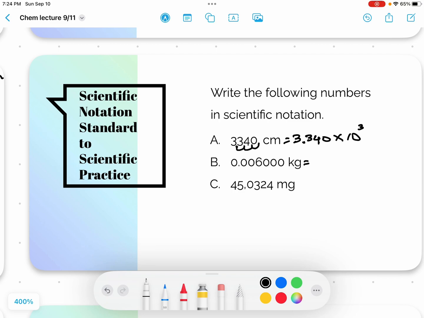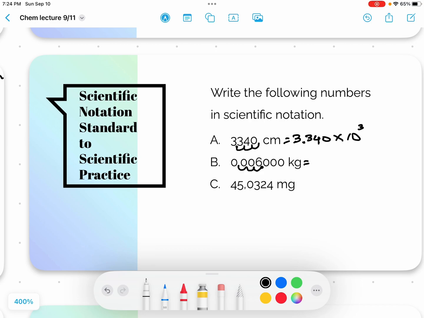Okay, let's do B. I have 0.006000. I'm going to move the decimal until I have one number in the front. So here's my decimal point. Move my pencil until there's one number in front. All right, we're good there.